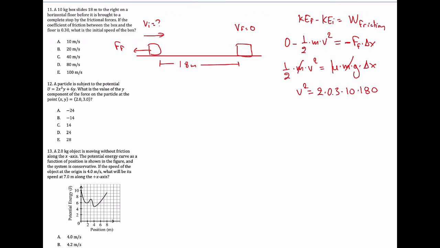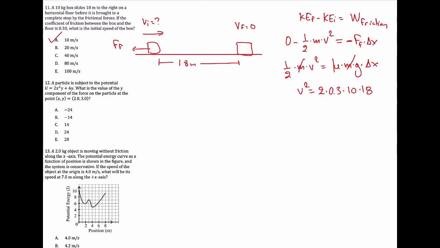So mu is 0.3 times g times the distance, and I wrote 180 for some reason, it is 18 meters only. So let me repeat my calculations. 2 times 0.3 times 10 times 18, and the root of this is 10.3, or approximately 10 meters per second.